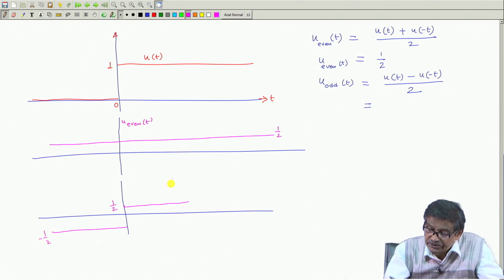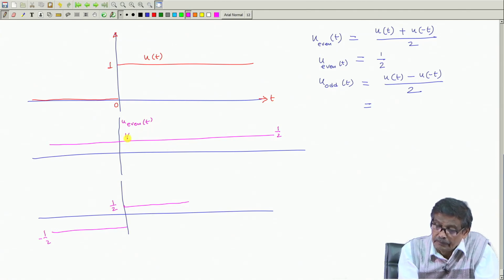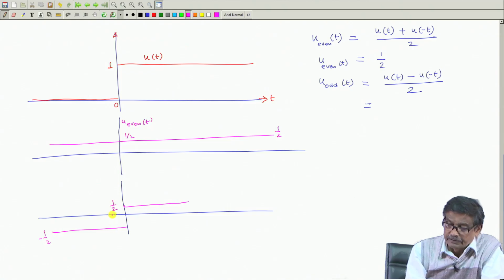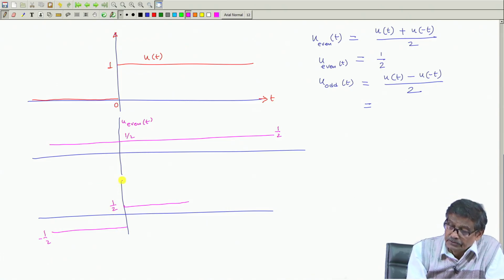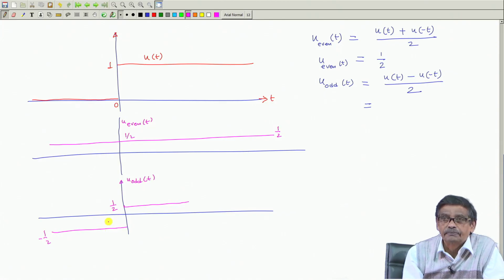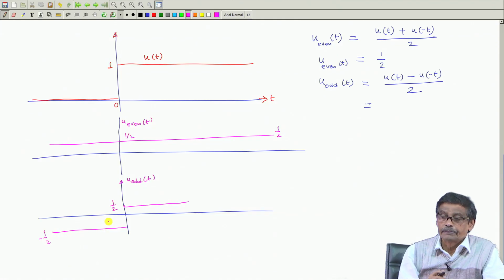You add these two, you get half plus half, 1. And it is odd, you see, plus half, same time it will be minus half. Therefore, sum of these two gives you the unit step.